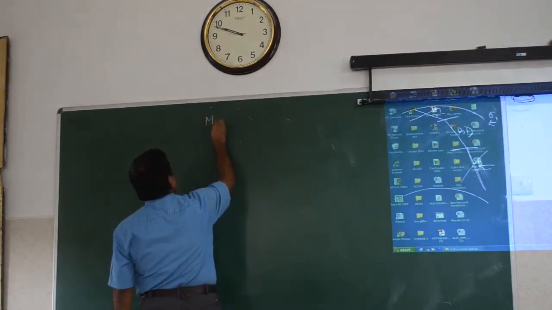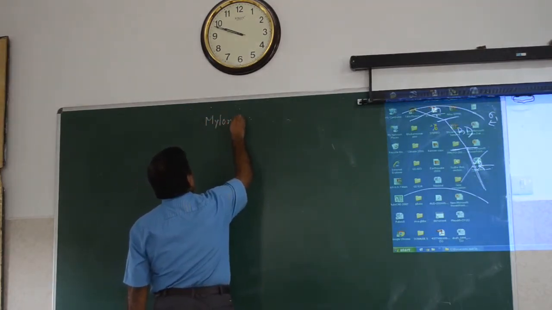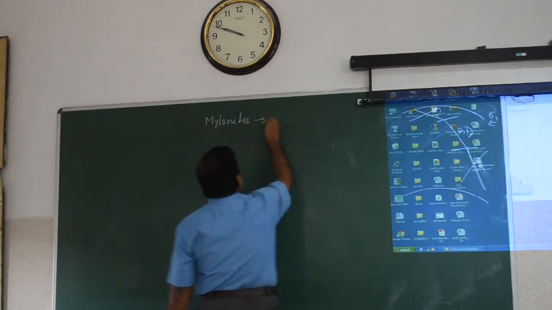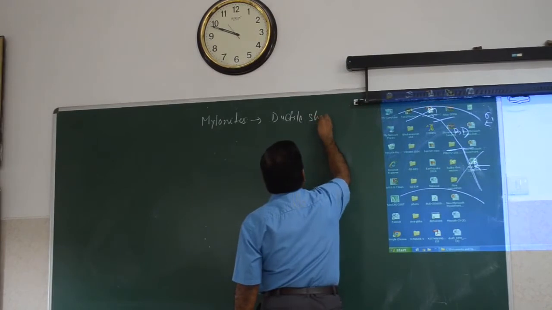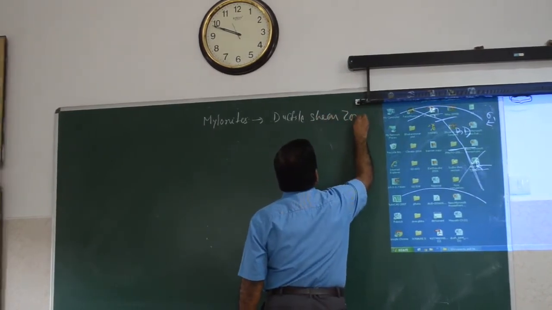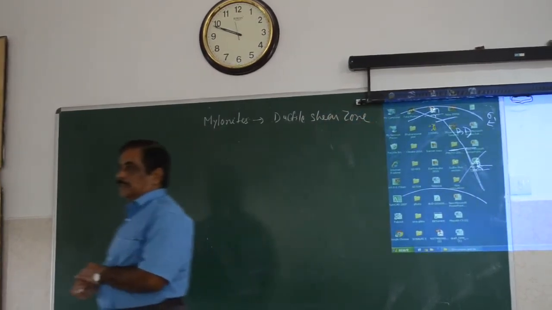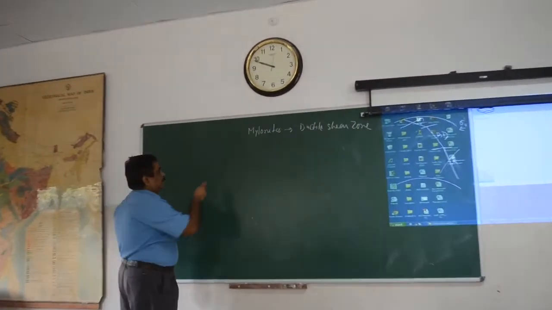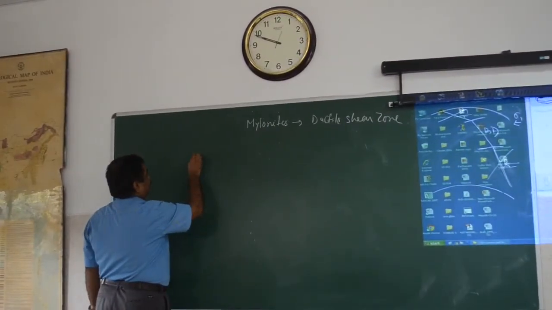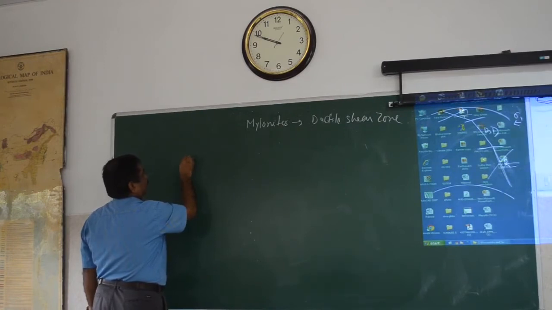So, mylonites and ductile shear zones, yesterday we have started. Understood? Let me draw 3 diagrams to show what I am doing.